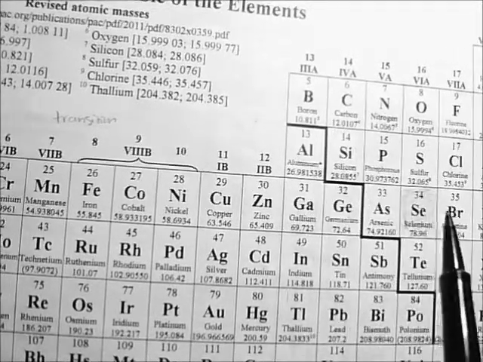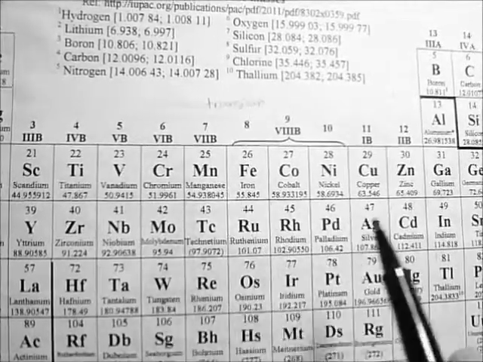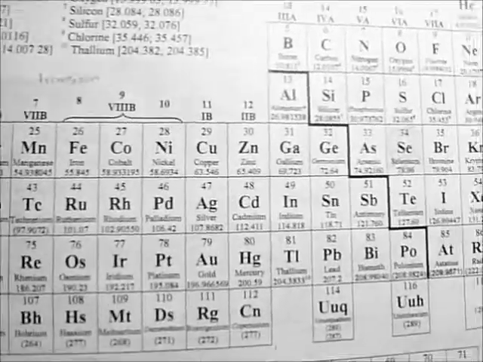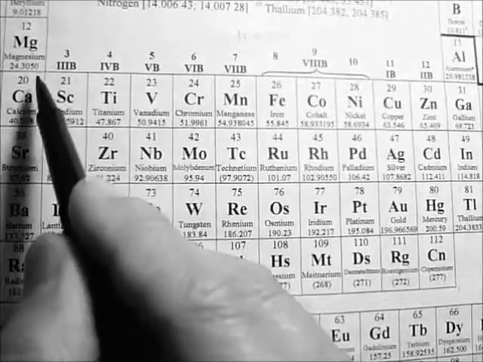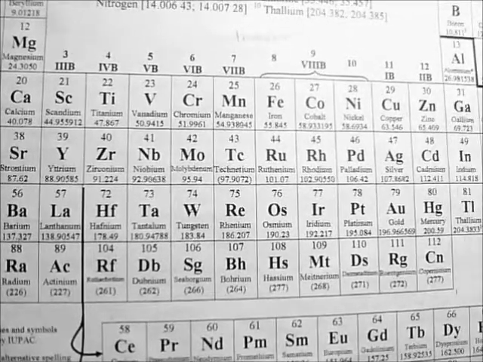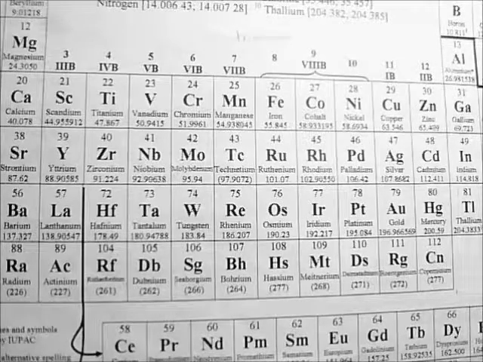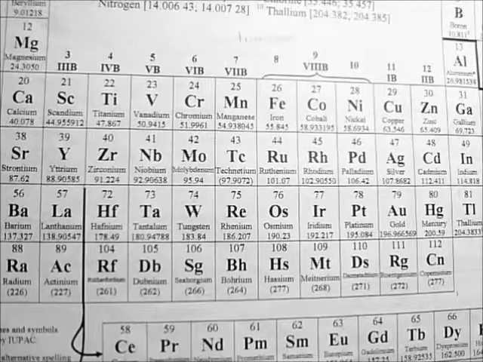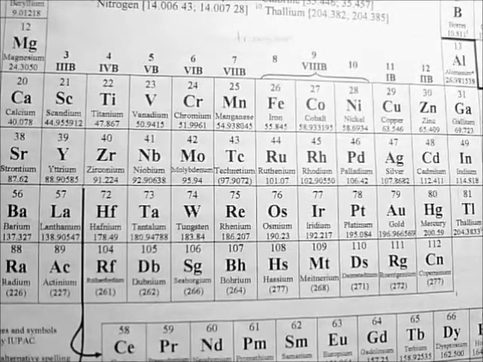But you can't go by that all the time, especially with the transition metals and some other things that happen. Transition metals are anything in this section down here. How do you know how many electrons are in the transition metals? Well, you have to do the orbital notation or electron configuration to figure it out probably.